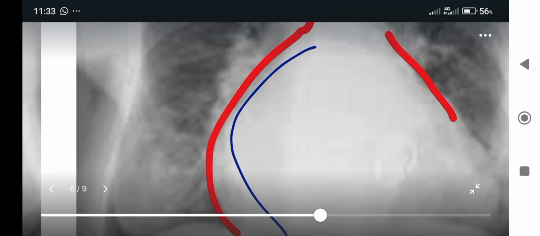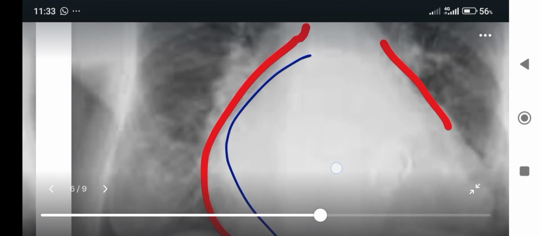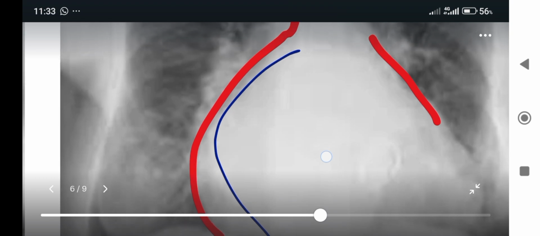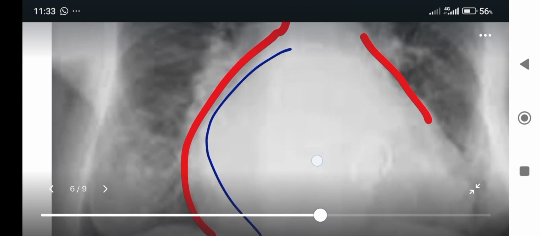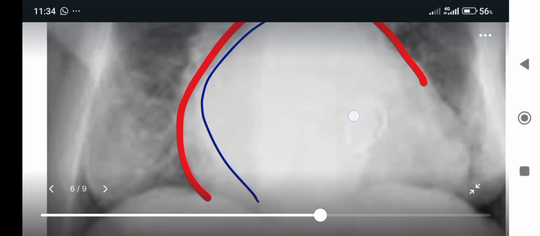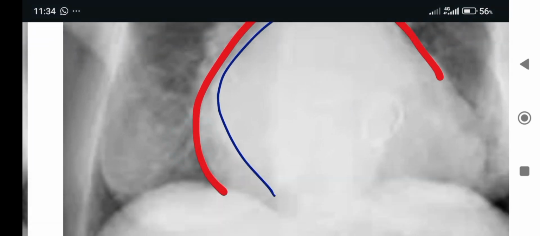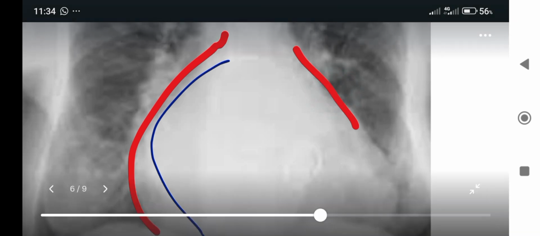You can see the two different lines. One is showing the right border of the left atrium, while this one is showing the border of the right atrium. This line is illustrating the straightening of the left heart border below the left main bronchus, or below the left pulmonary vasculature.